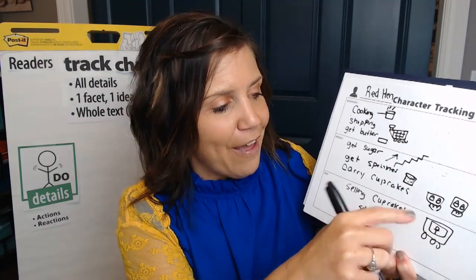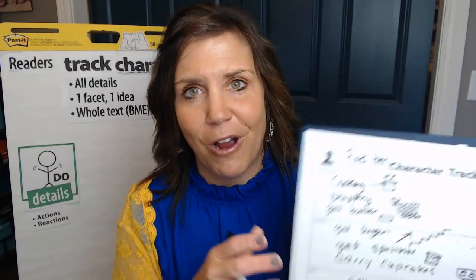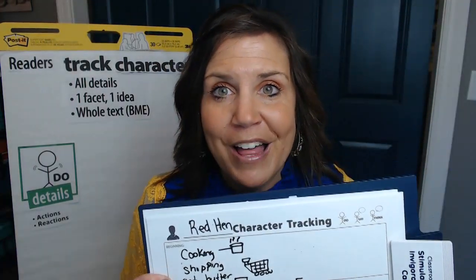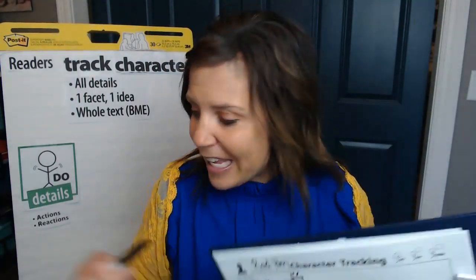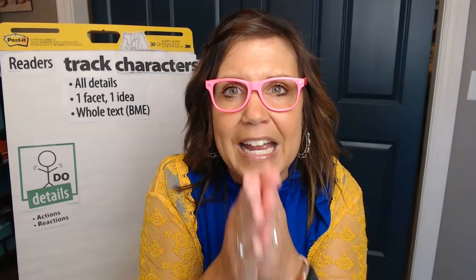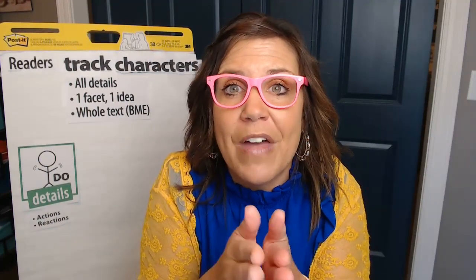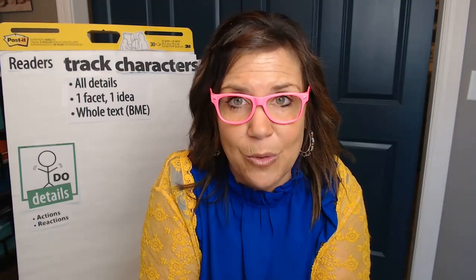She didn't have any left. And there she is in her cupcake truck. Great job. That's what good readers do. They can track and only look, almost have x-ray vision looking at one idea. We're looking at one character, and we're only today looking at what that character was doing in the story.